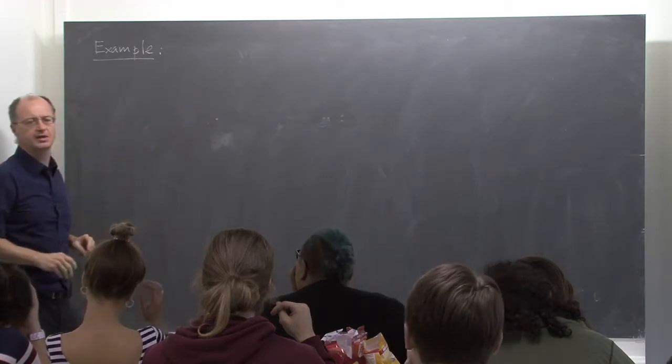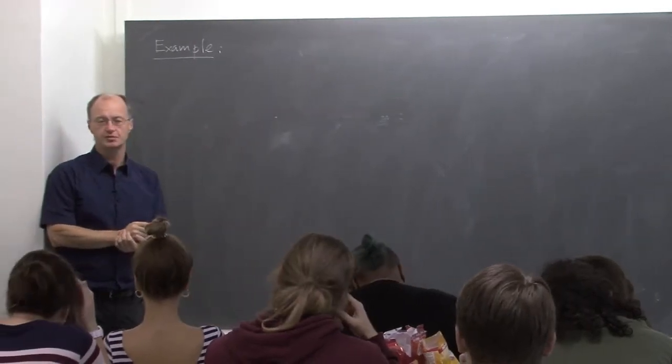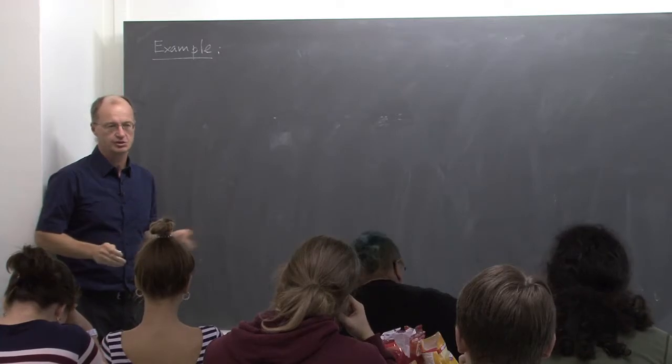So recall that coadjoint orbits are Hamiltonian G spaces.